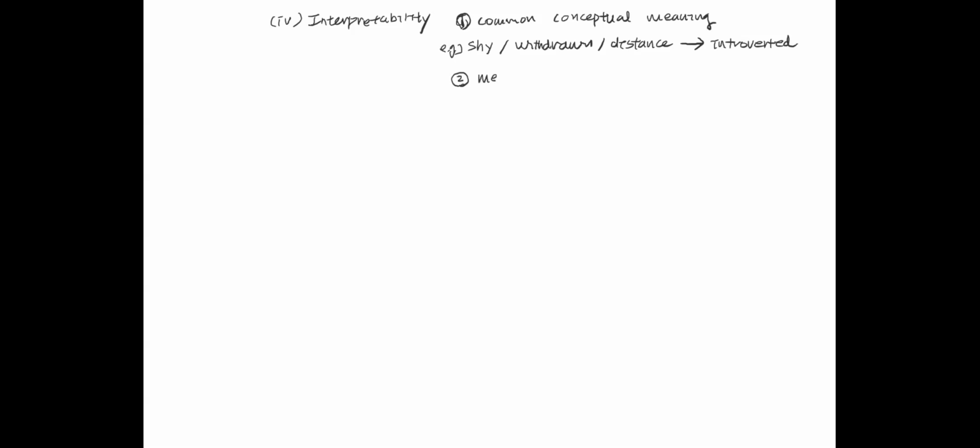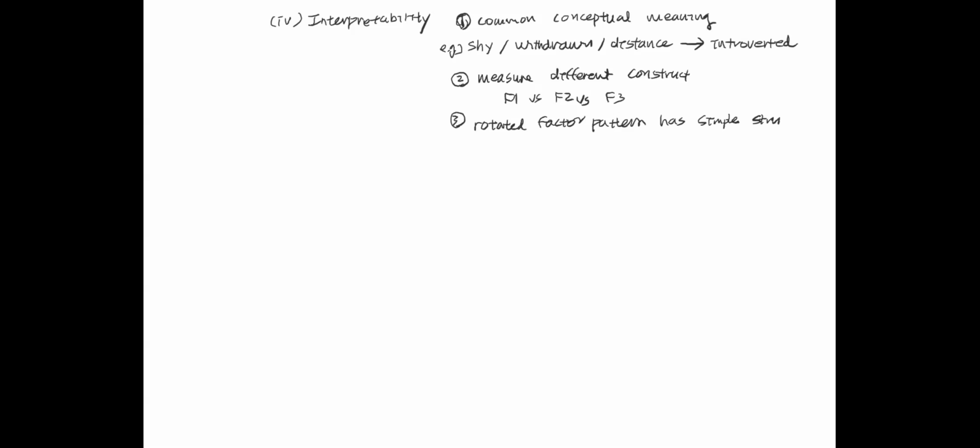Another thing is that the factors measure different constructs. Say we have 3 factors, F1, F2, F3, then those 3 factors should measure different constructs. That's the second one. The third one is that the rotated factor pattern has a simple structure.